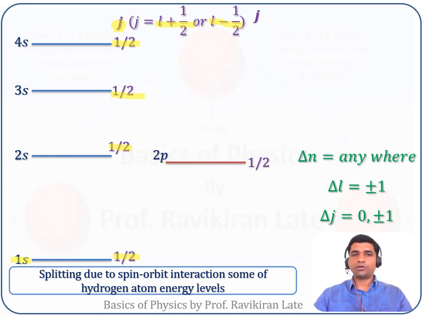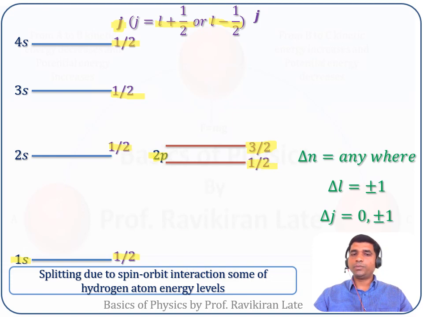Now due to the spin orbit interaction, let us look at what exactly happens. For the 2p level, L is equal to 1 and S is equal to 1 half. So L plus S, that is 1 plus 1 half, will give you 3 by 2, and 1 minus 1 half will give you 1 by 2.